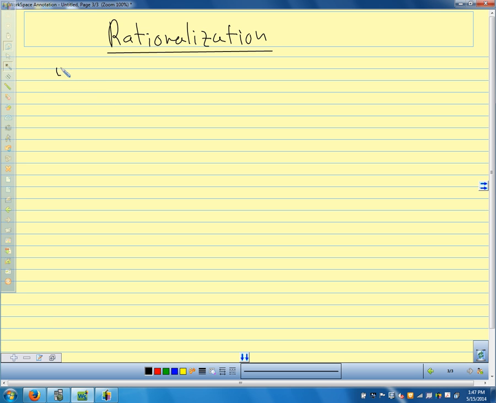So we use this when we plug in the x value and we get 0 over 0, an indeterminate form, and we have fractions involving radicals.